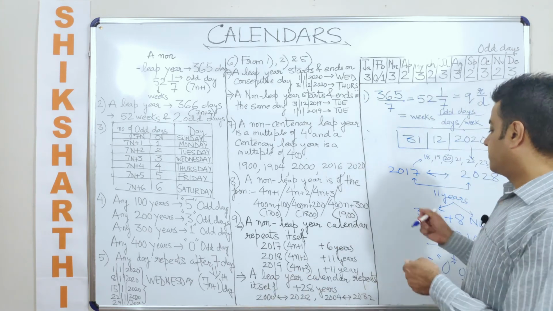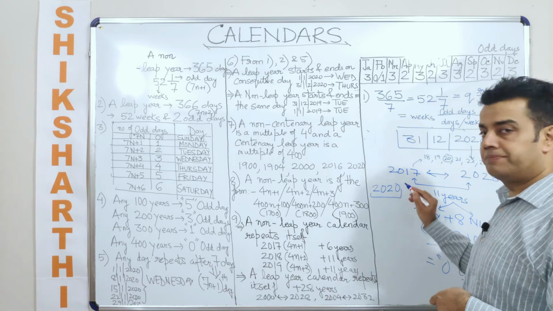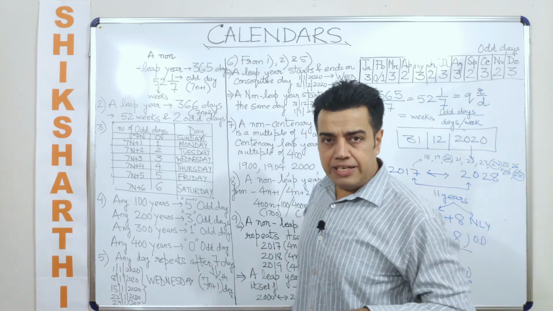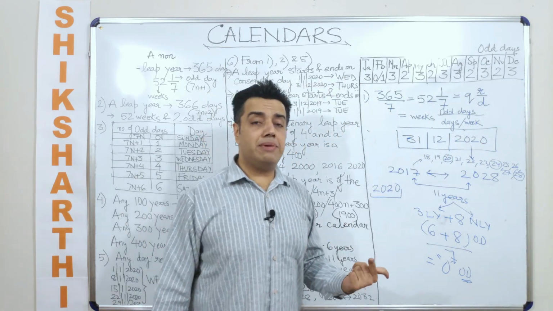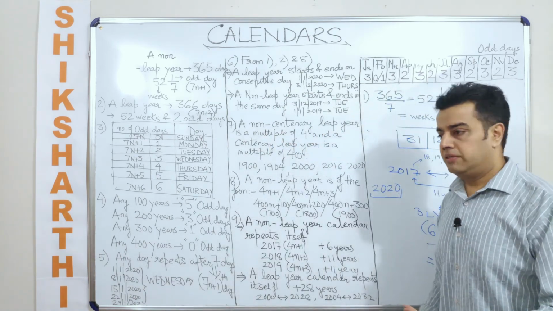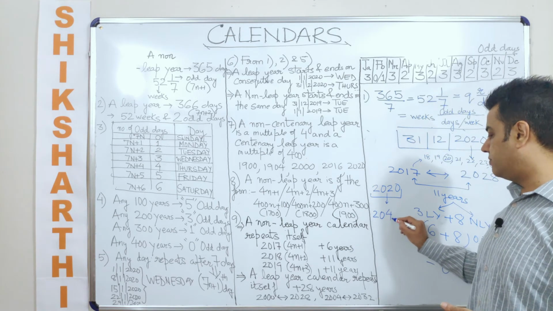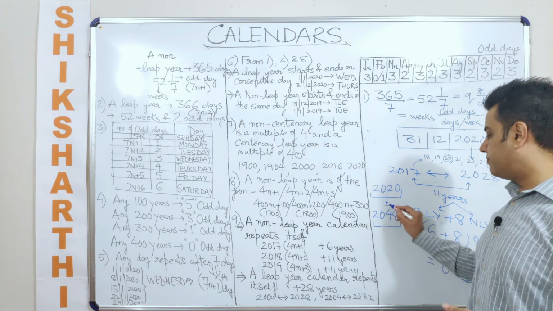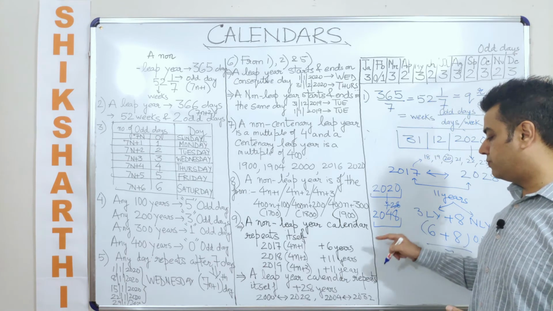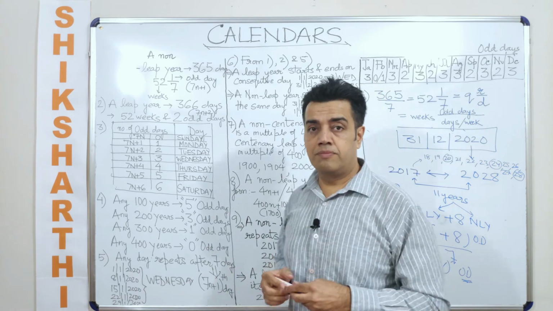So if I say the calendar year, now 2020 is a leap year, right? The calendar of 2020 would be the same as the calendar of which next year thereafter? Immediate year after this will be 2048. Why? Because this will occur after every 28 years, is what we had discussed in the last video as well.